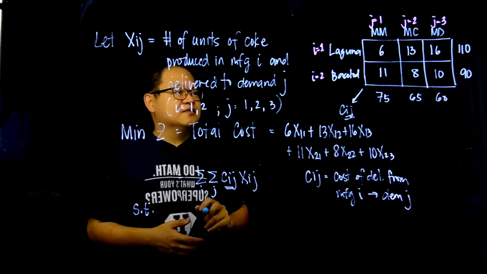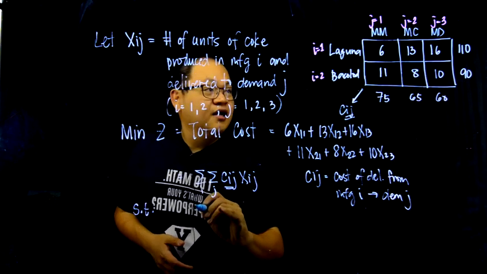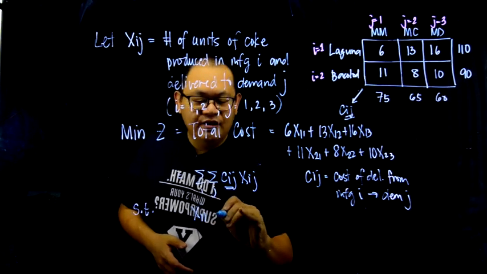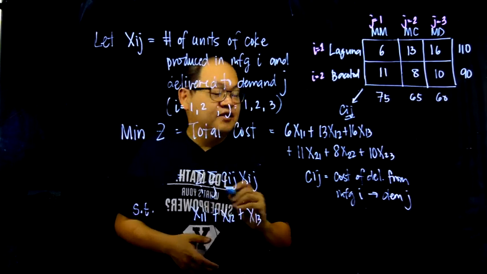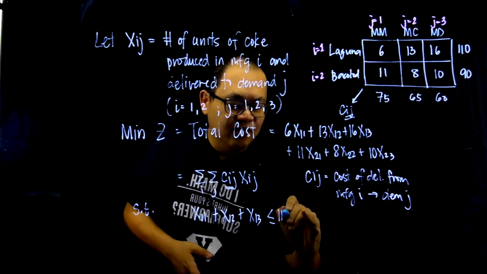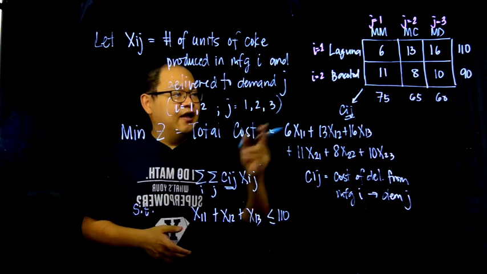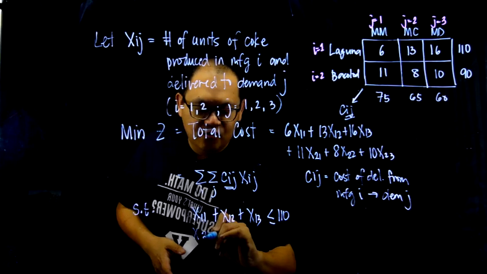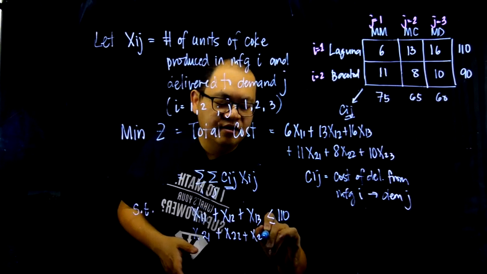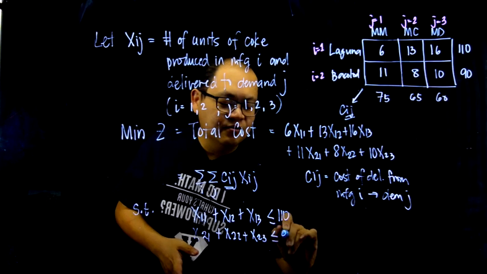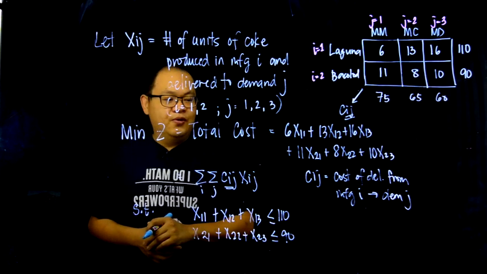For your supply constraints, we have X11 plus X12 plus X13 has to be less than or equal to 110. Okay? And X21 plus X22 plus X23 has to be less than or equal to 90. Okay?